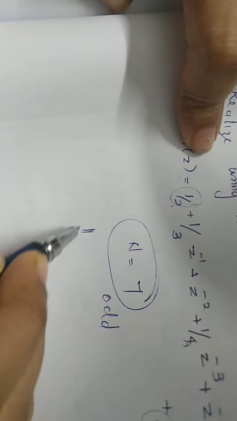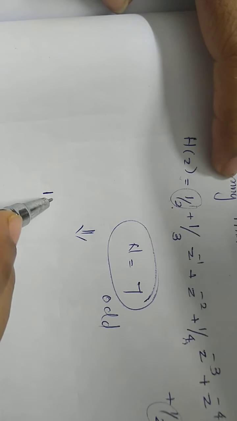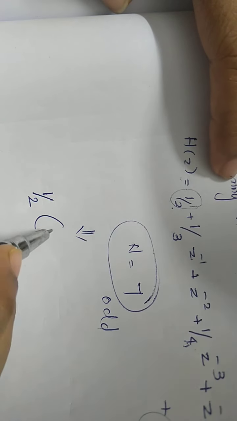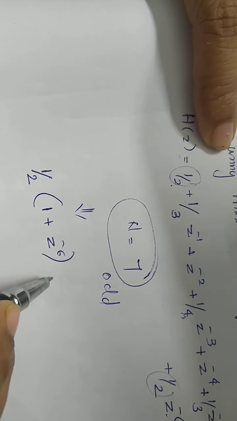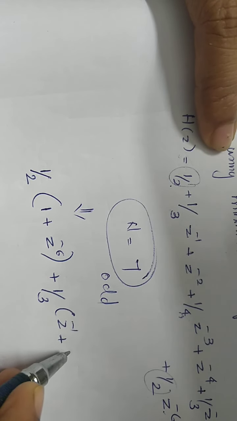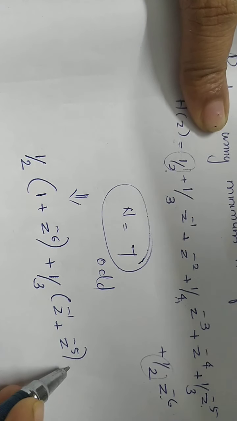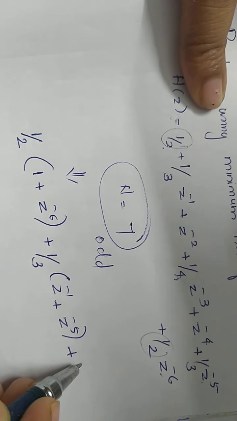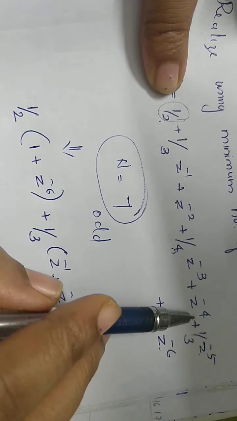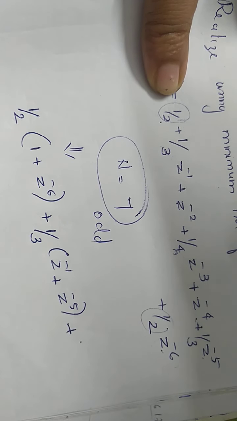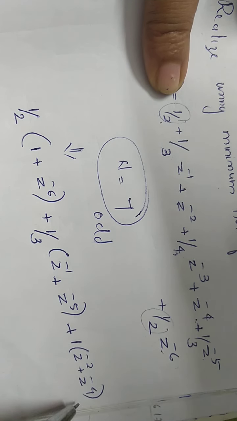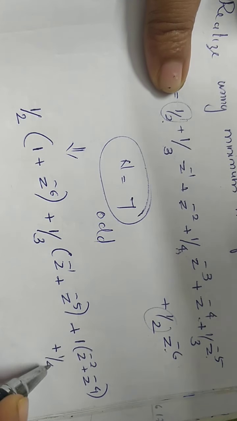I am rearranging this equation, that is 1 plus z raised to minus 6 plus 1/3 z inverse plus z raised to minus 5 plus z raised to minus 2 and z raised to minus 4, coefficient is 1, that is z raised to minus 2 plus z raised to minus 4 plus 1/4 z raised to minus 3.